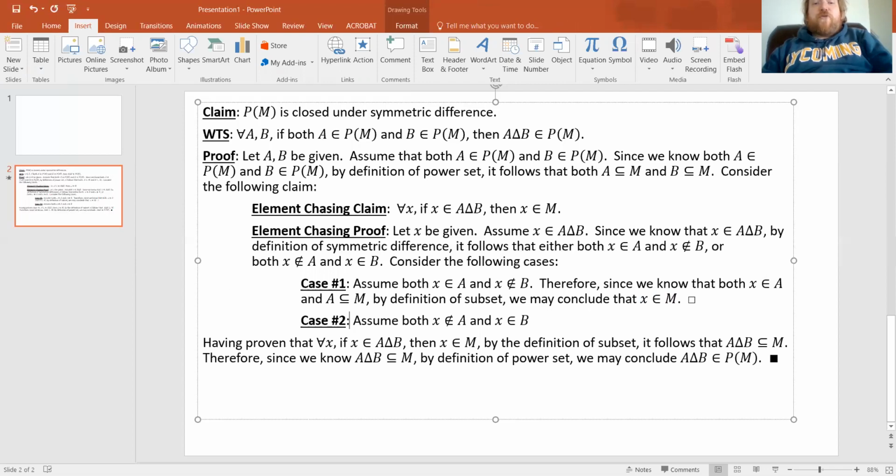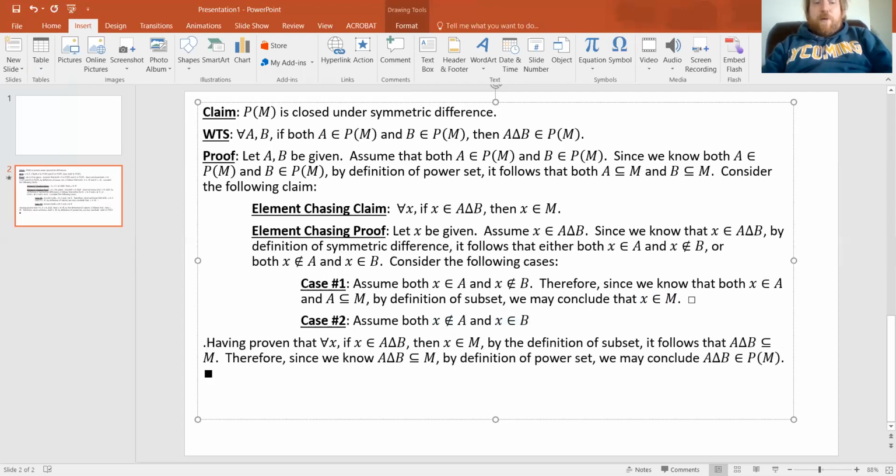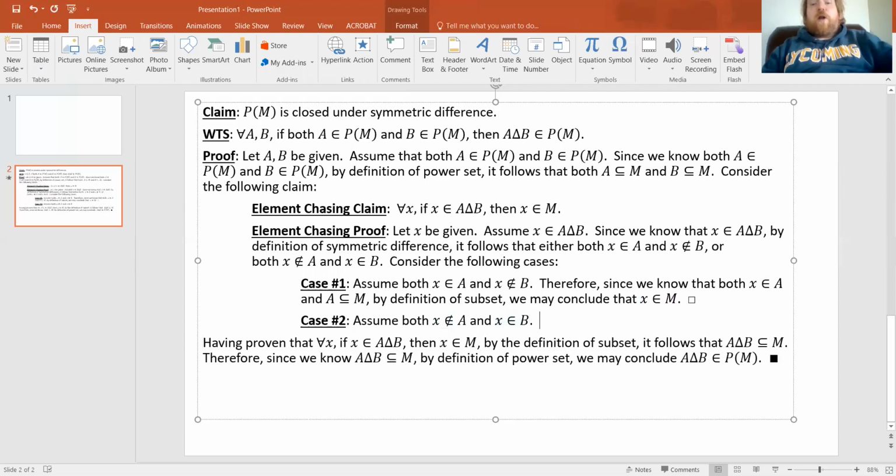Now, let's do the same thing for the second case. Here, again, we want to get x as a member of M. So we look at what we know.